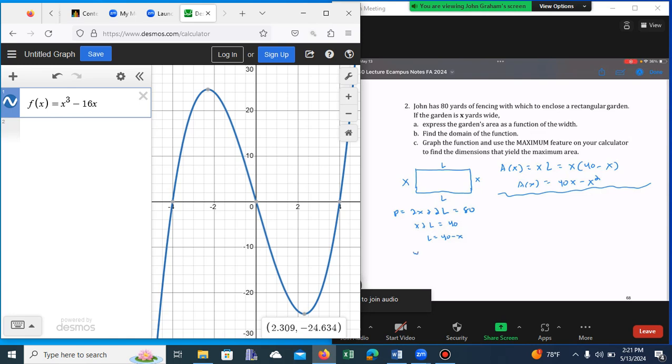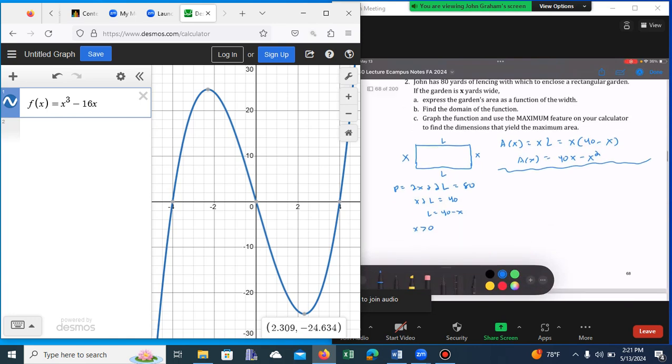So width has to be greater than 0. With that being said, a length can't equal 0 as well. And if we plug in 40 for x, we're going to get a length of 0. So x also has to be less than 40. So our domain, x has to be greater than 0 and less than 40.